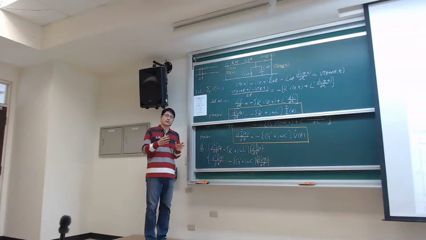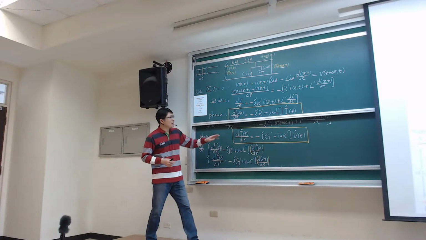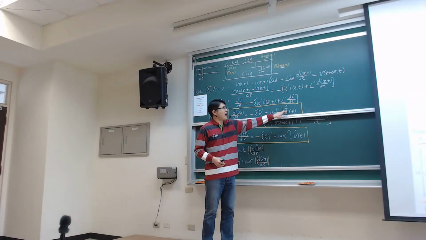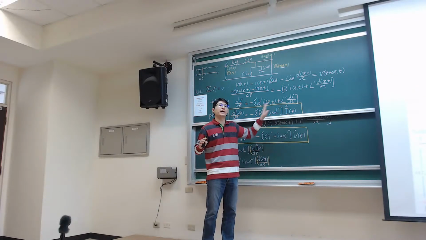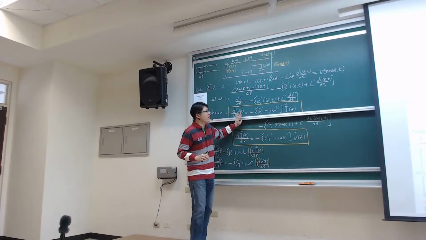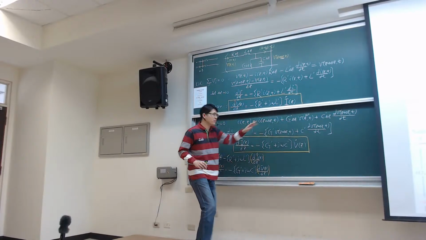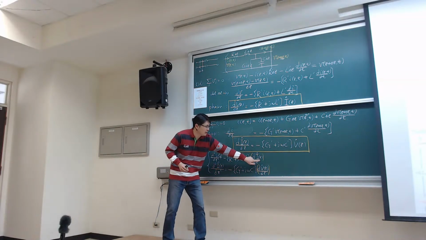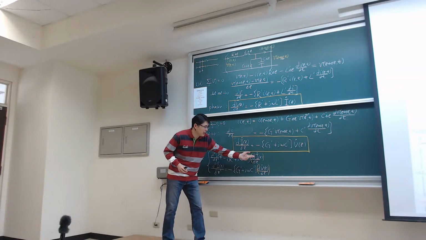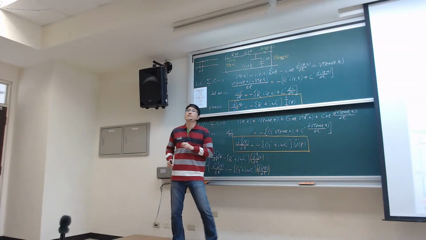After another differentiation in space, the I(z) initially on the right from my KVL equation is now picking up a differentiation. But that differentiation is known from my KCL equation, right? So the beauty is, now I can replace this current relationship by voltage.